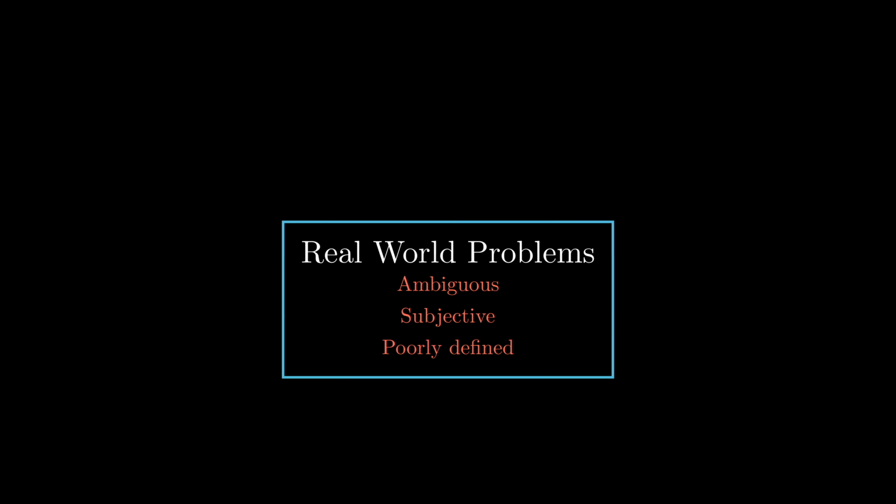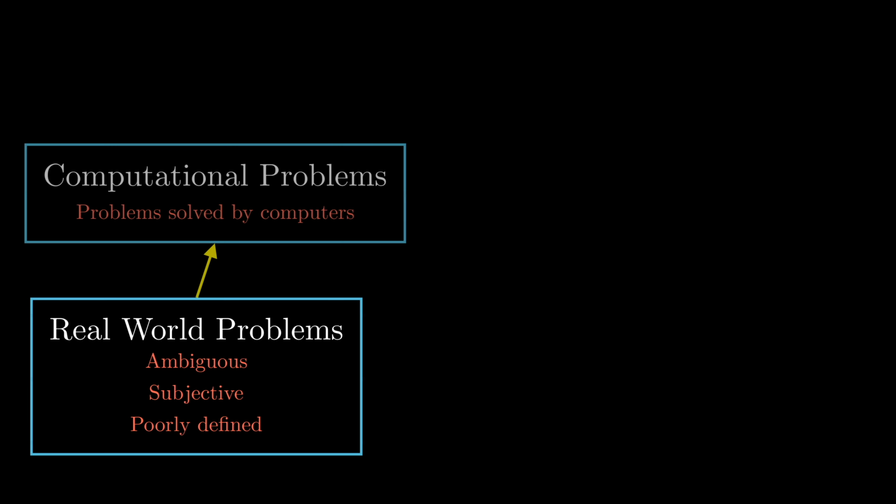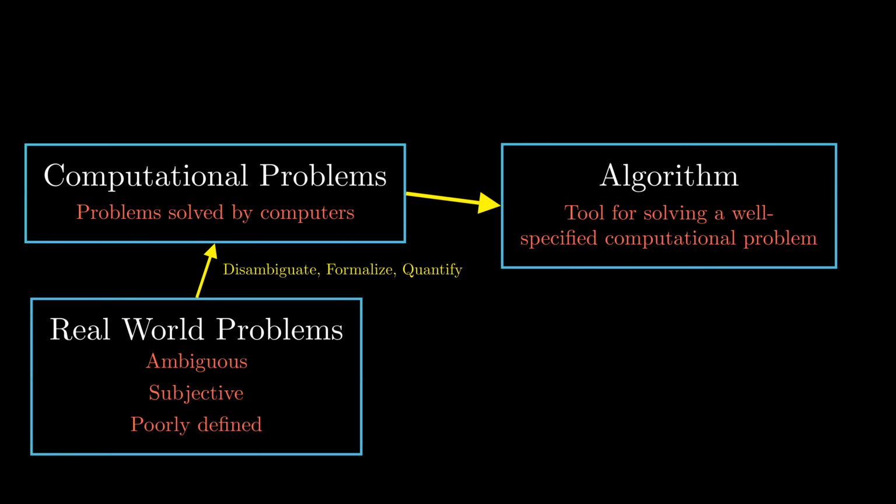I hope all that gave you a feel for how ambiguous, subjective, and poorly defined real-world problems are, and how hard it is to convert real-world problems into computational problems. You have to remove ambiguities, formalize the problem if it's written a little informally, and quantify all parameters of the problem. But once our computational problem is properly framed, the next step is to find an algorithm that can solve it.